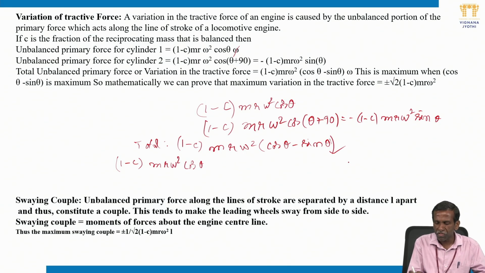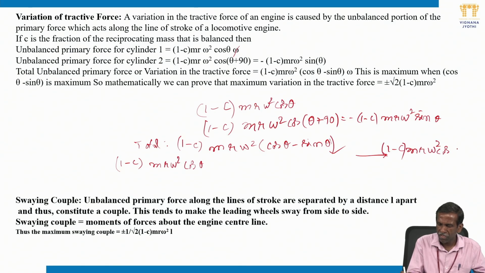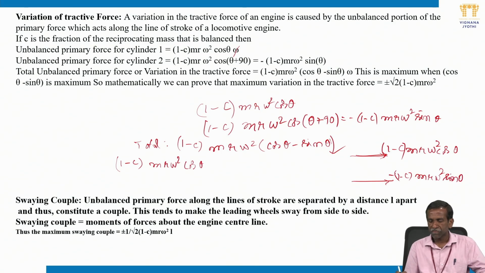So for two cylinders, this is one unbalanced force, (1 minus C) m r omega square cos theta. The second cylinder, as you have seen, is minus (1 minus C) m r omega square sin theta.